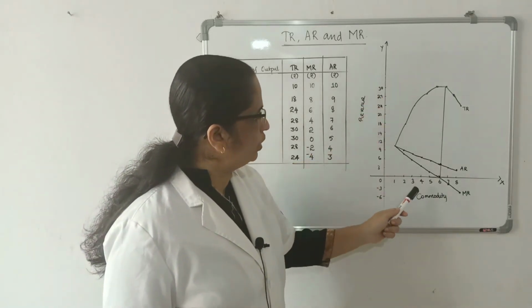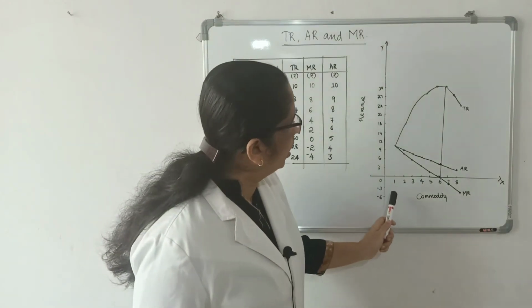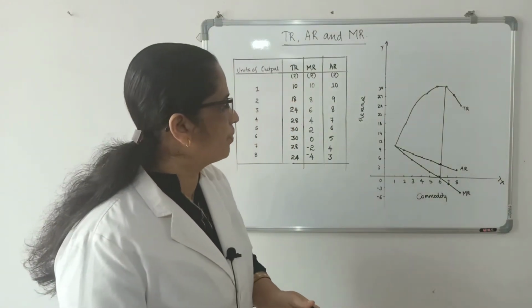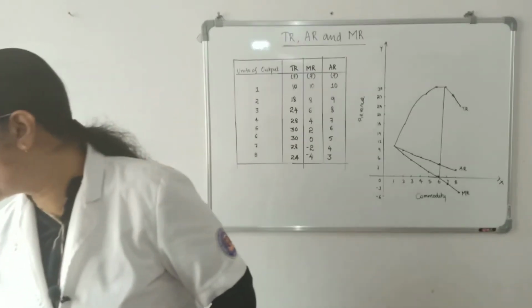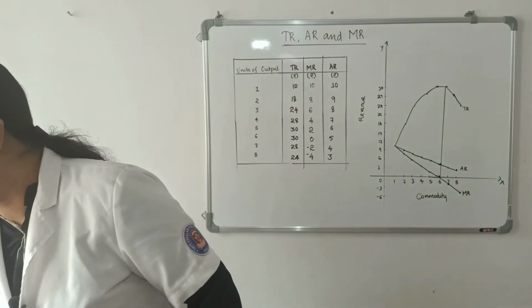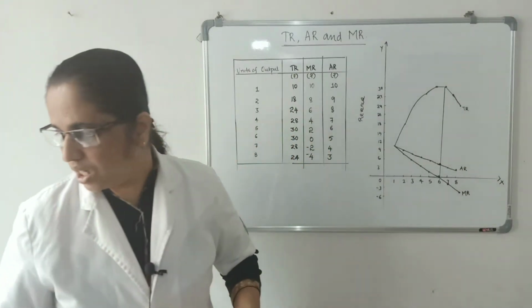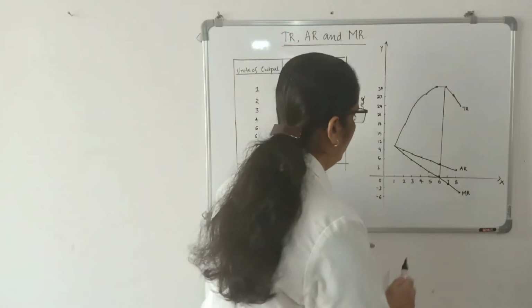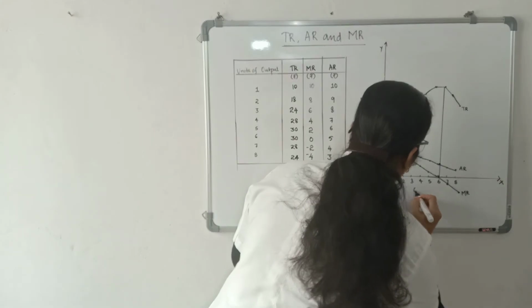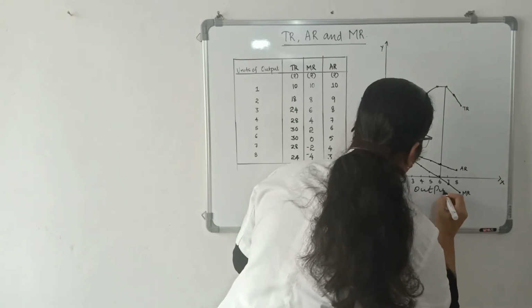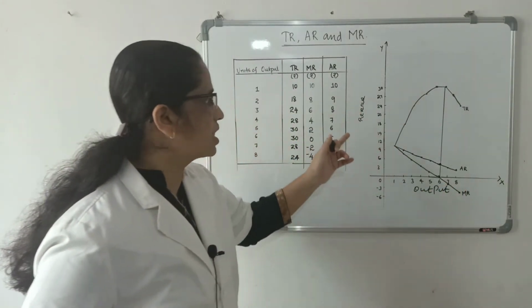And as you know, geometrically, what do we show on the OX axis? On the OX axis we show output, and on the OY axis revenue.